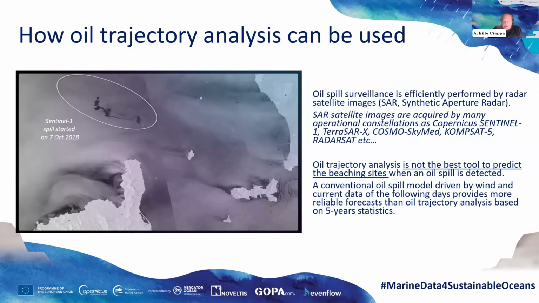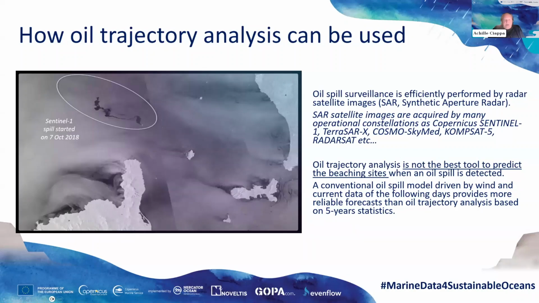These are European. KOMPSAT-5 is Korean. RadarSat is Canadian. So we have a lot of SAR satellite constellations. But if we detect an oil spill like this, oil trajectory analysis is not the best tool to predict the beach sites.